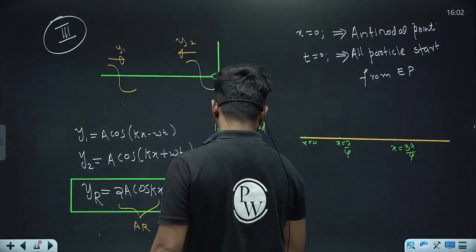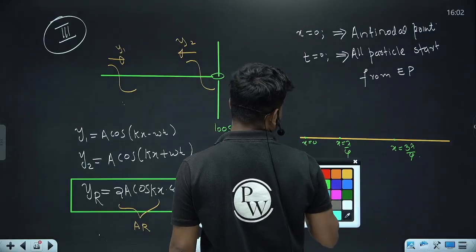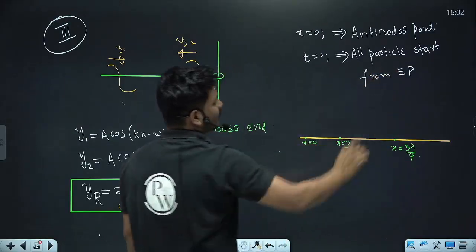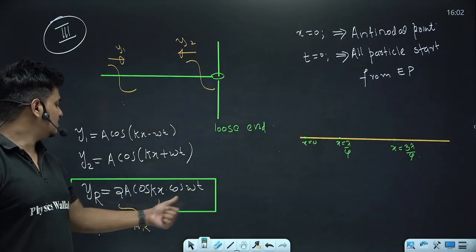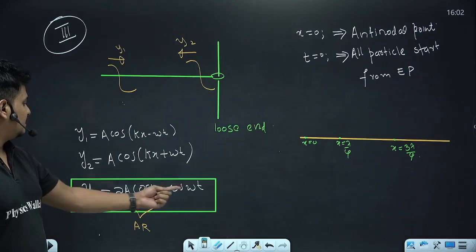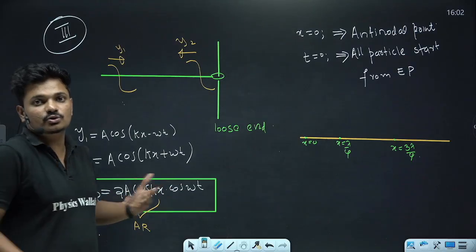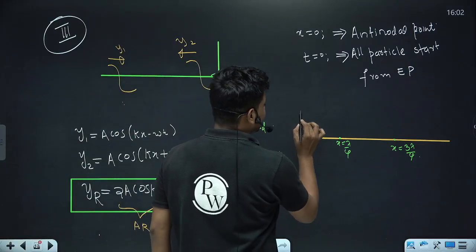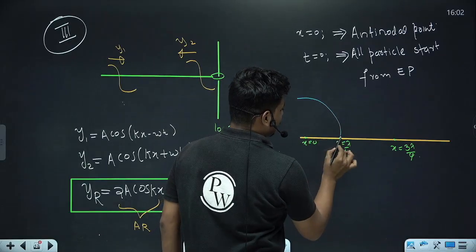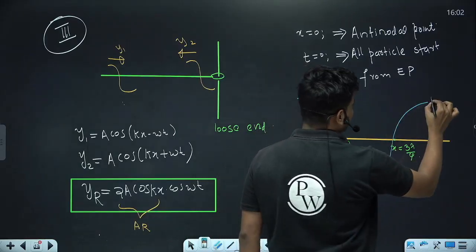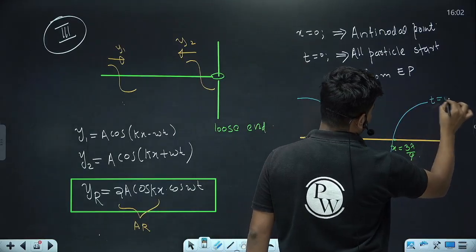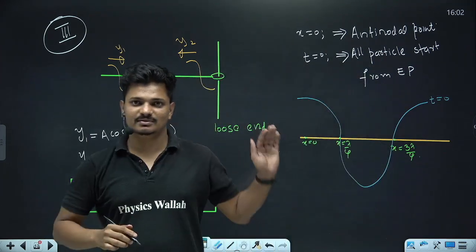Initially all particles start from the extreme position, at time equal to 0. What is the graph? This is 2a cos kx. How to draw 2a cos kx? Like that. This is the graph at the starting time.